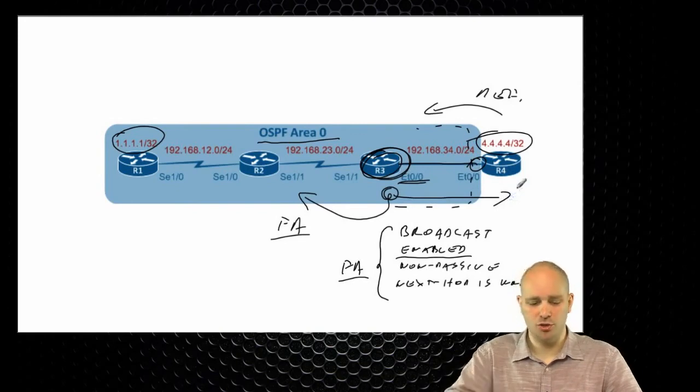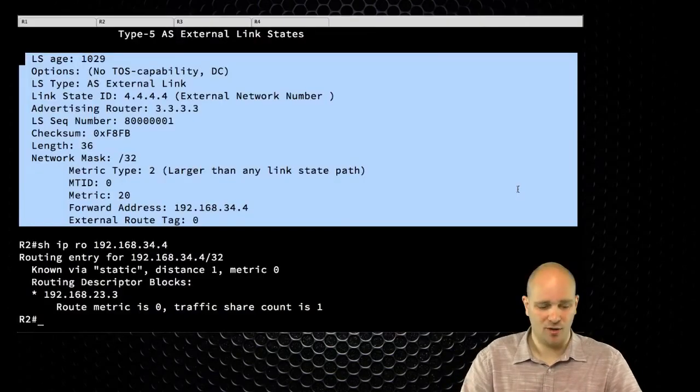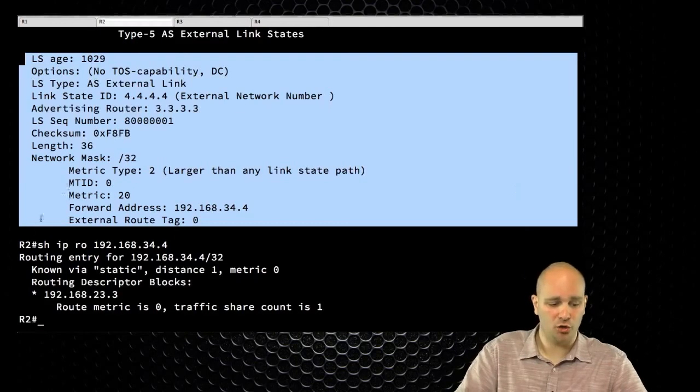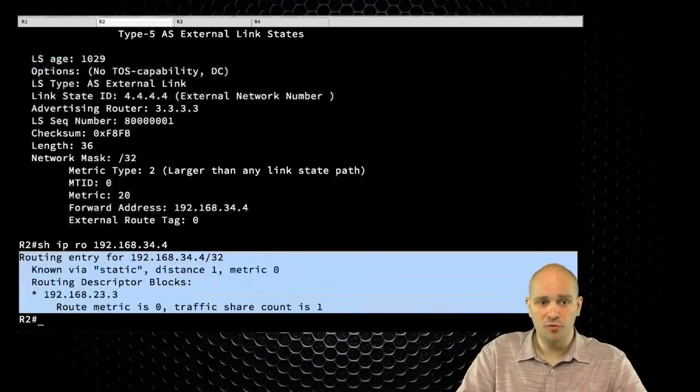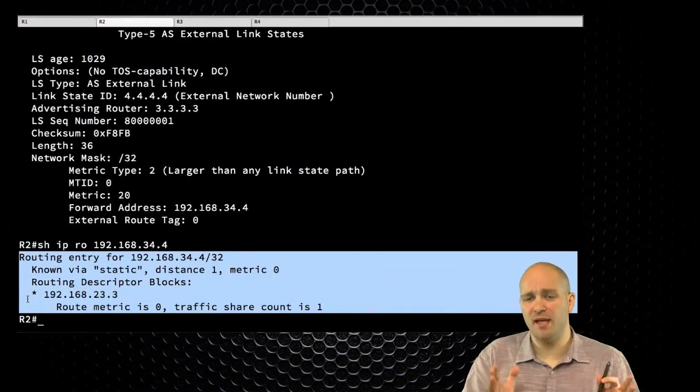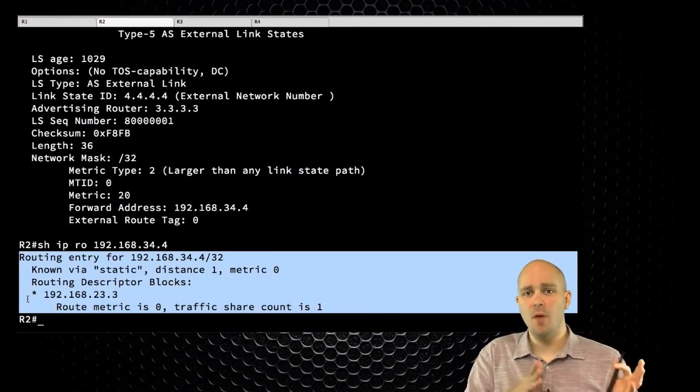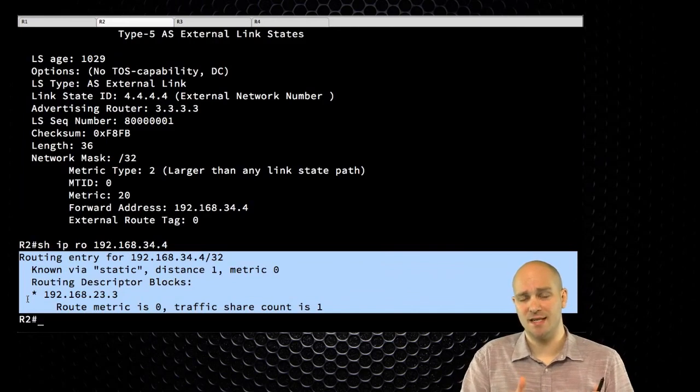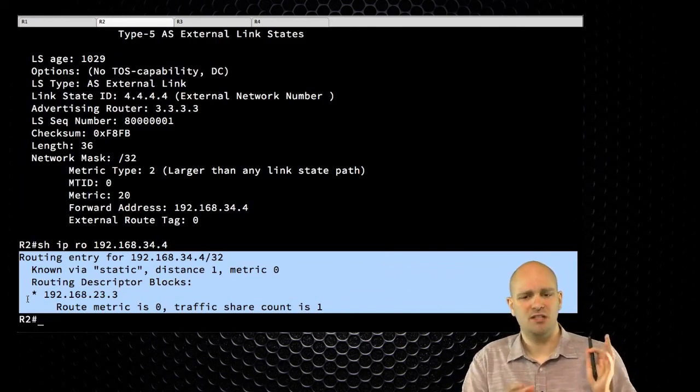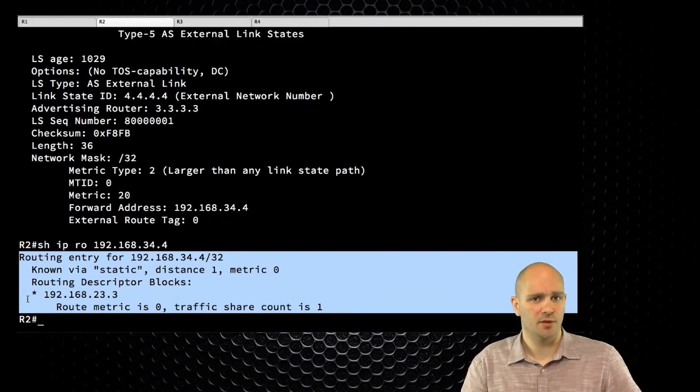There is another solution, and that is taking this static route that we have on R2 and removing it from the routing table. Now, one of the big things that I see with many of my students going to the CCIE lab is that they think this would be a valid solution. Oh, let's just remove the static route and be done with it.